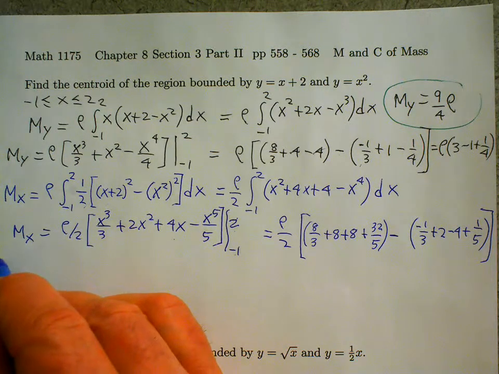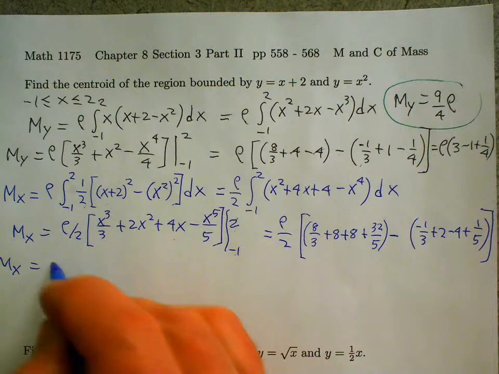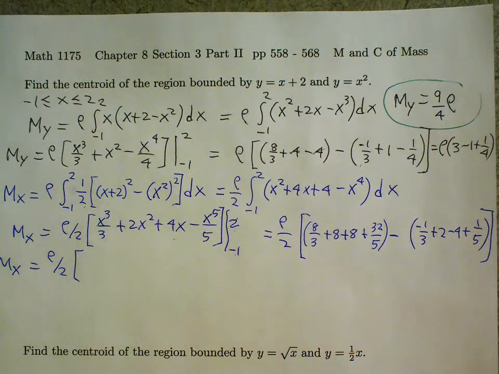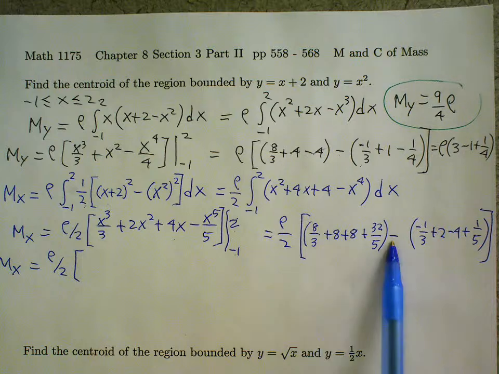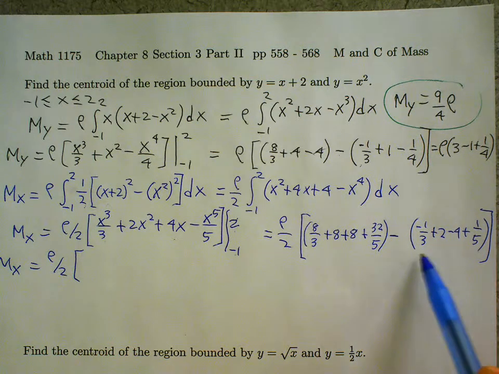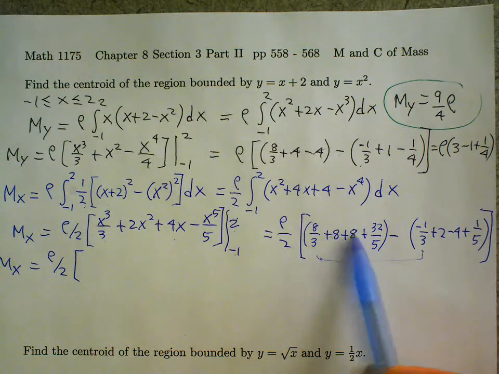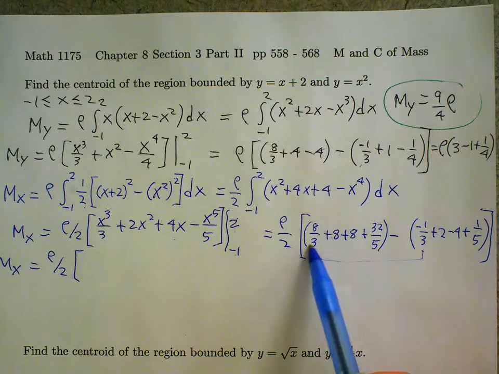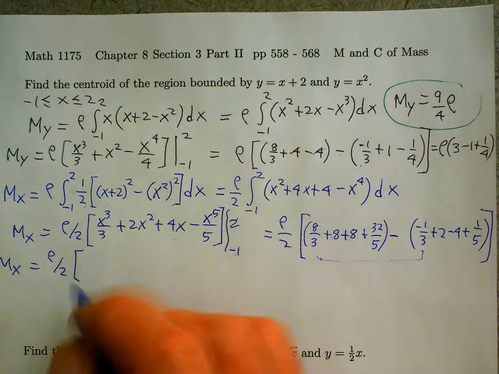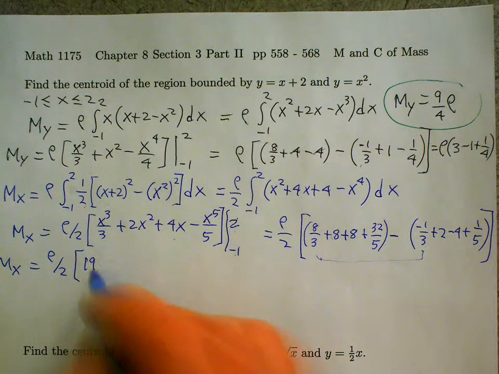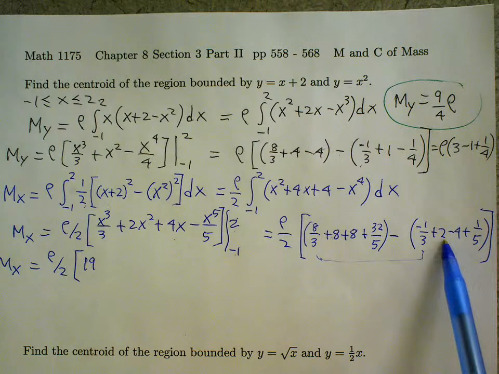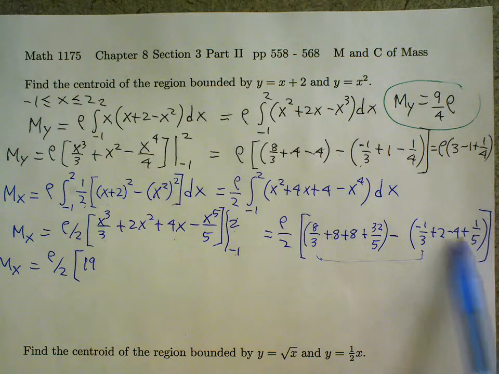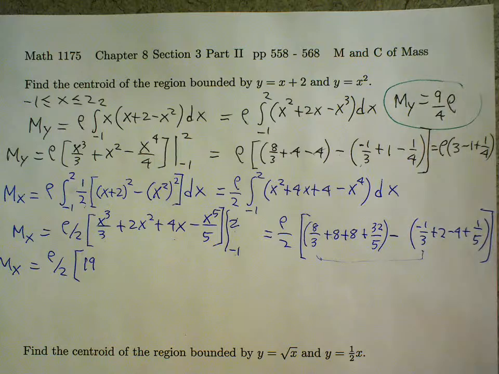This is going to take a couple of seconds. So notice the 8/3 minus -1/3 again, so that gives us 3. 8 plus 8 is 16, so let's go ahead and combine those. 16 plus 3 is 19. Inside this other set of parentheses, 2 minus 4 is -2, so we're subtracting a -2, so we're adding 2.